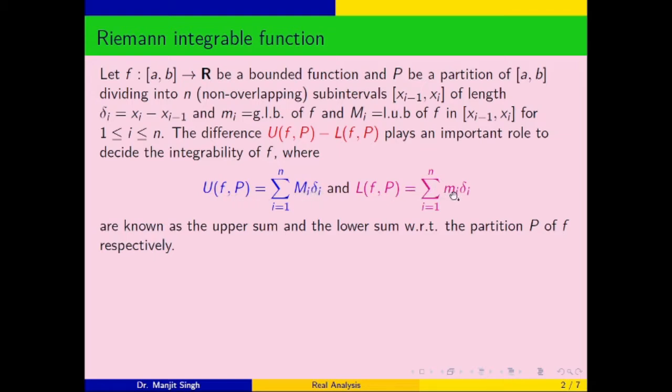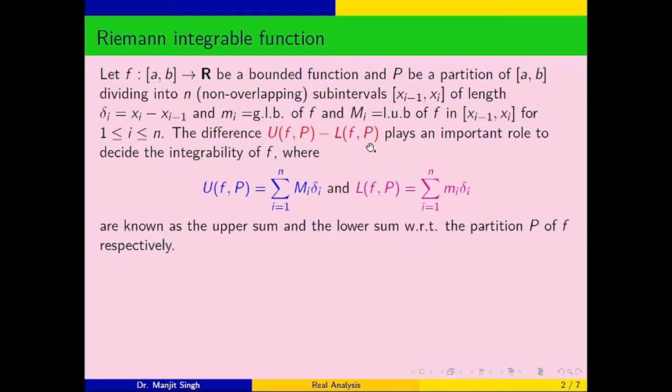Similarly, we get the lower sum using the greatest lower bound of the function in each subinterval, multiplied by the lengths and added. The difference of these two plays an important role in checking the integrability of the function f, since a bounded function may not be Riemann integrable.